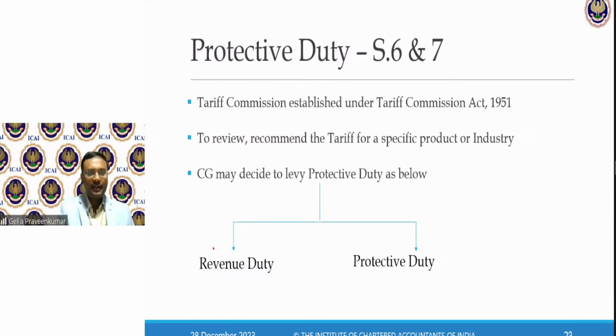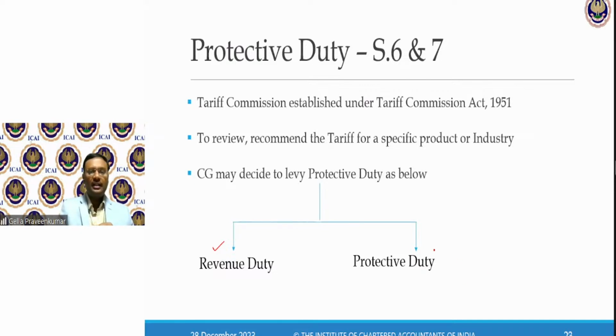For the purpose of revenue, they say that, look, this is one particular industry where we are collecting customs duty at a particular rate. However, if this rate is increased to so-and-so particular rate, it would be beneficial.